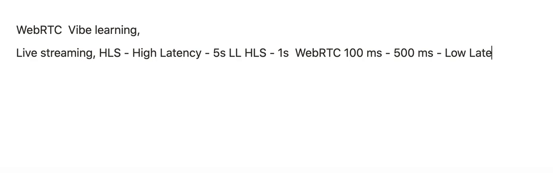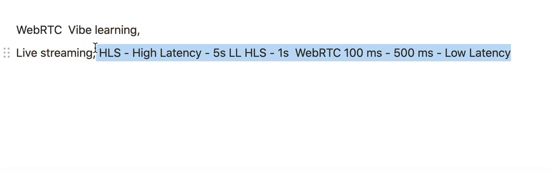WebRTC is one of the few technologies that offers such low latency in the order of milliseconds for real-time communication. Other protocols or technologies might offer low latency, but WebRTC is particularly optimized for interactive applications like video conferencing, voice calls, and live streaming.